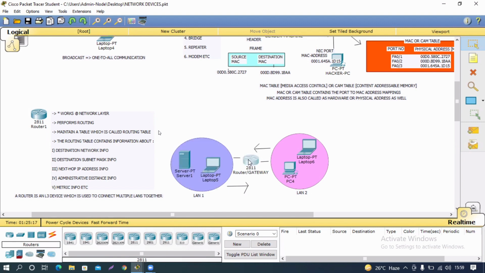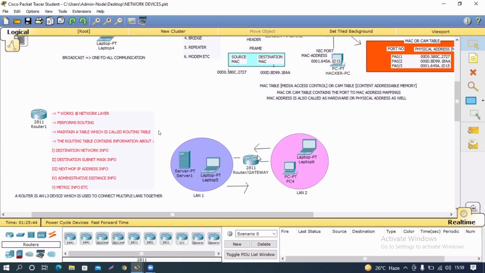Every single router maintains this table, which contains information like destination network, destination subnet mask, next hop IP address, administrative distance, and metric. Based on these, the router takes information from LAN number 2 and delivers it to LAN number 1, or from LAN number 1 to LAN number 2. All this information exchange between the two LANs goes on with the help of this information.